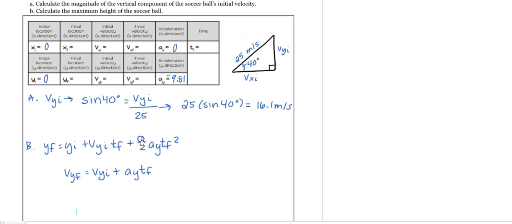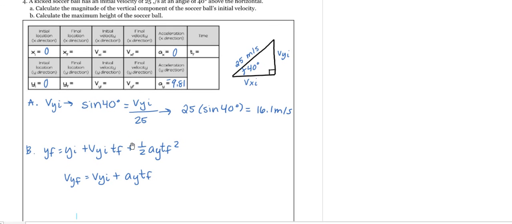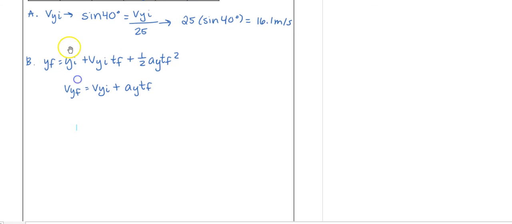I actually didn't put it in the table, but the final velocity in the y direction would be 0, since it is no longer moving. So this would be 0.